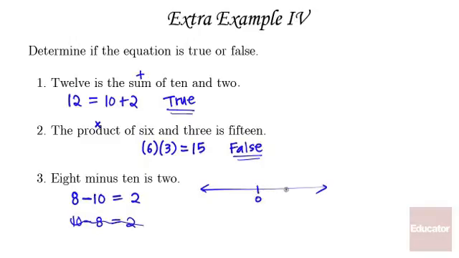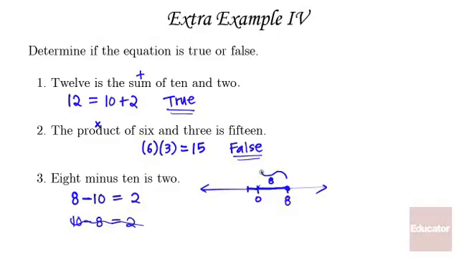this is 0. Say this is 8. If I'm going to start at 8 and then go backwards 10, because that's what minus says, then I'm going to be all the way to here, that's 8, right? I moved 8 spaces, but then I have to move 2 more. So where am I going to land?